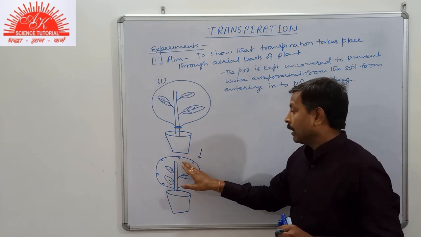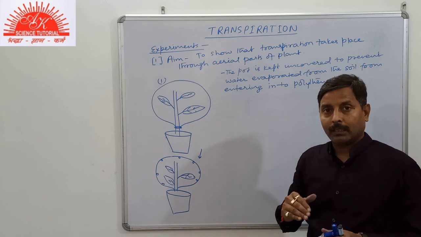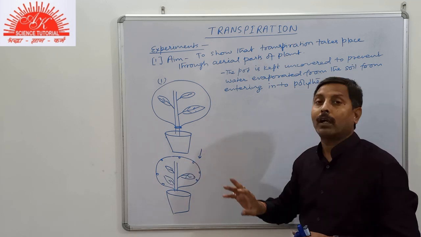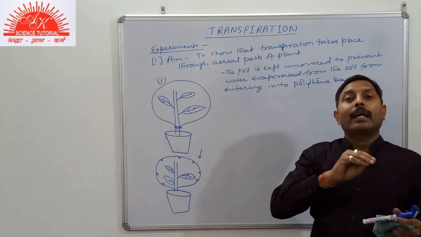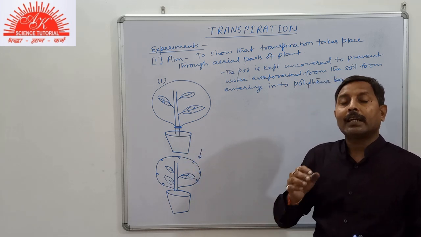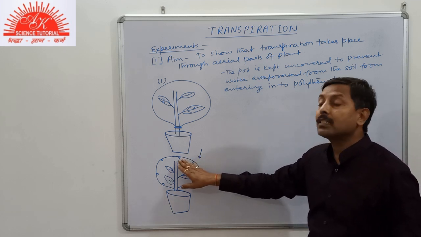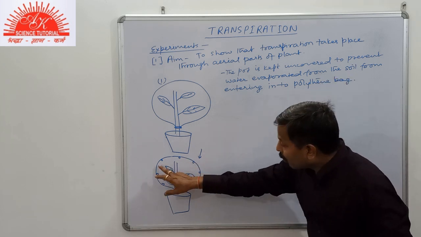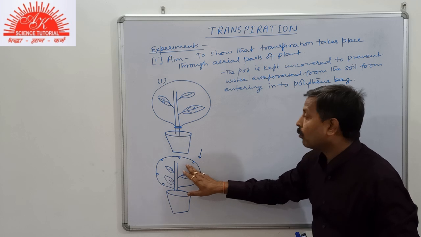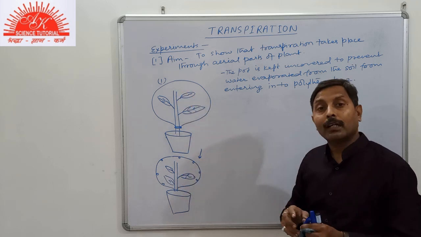If we place this liquid on blue cobalt chloride paper, then it will turn pink, indicating that this liquid is water. And second, if we place this liquid on anhydrous copper sulfate, then it will turn white to blue. This also indicates that this is water. So there are two tests to confirm that the colorless liquid droplets are water and have been lost from the aerial part of the plant.